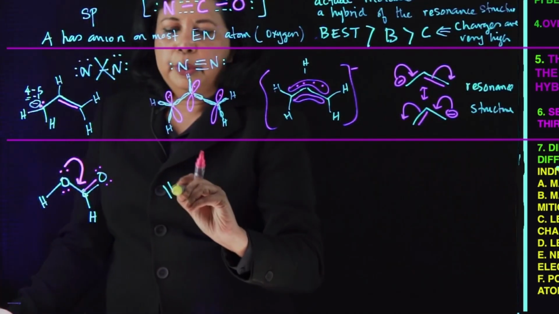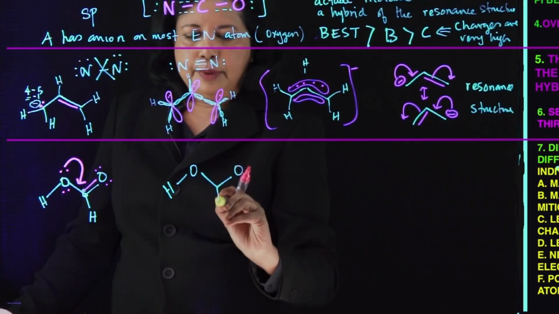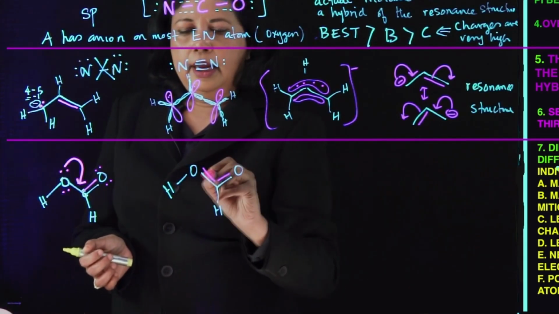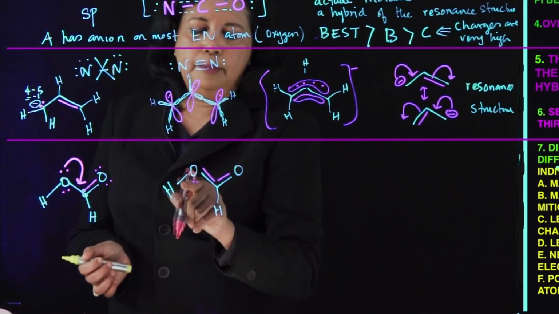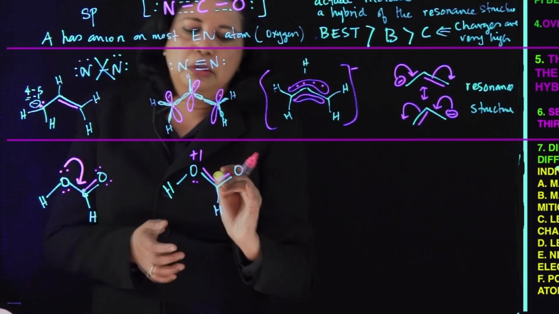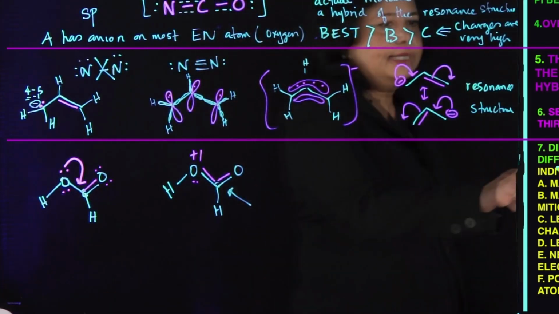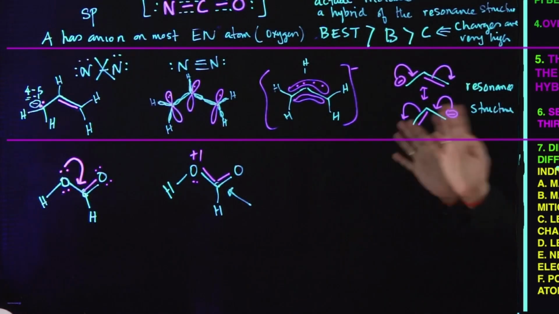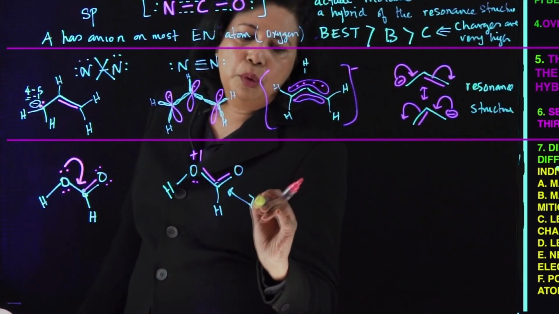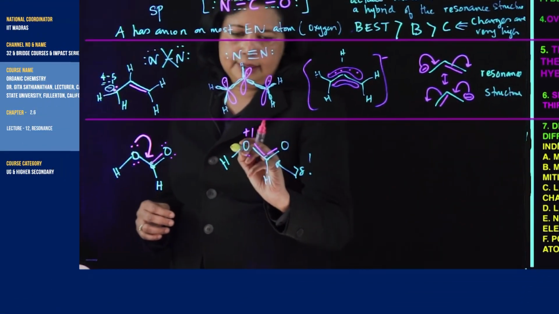And if I don't do anything and just put a bond there, look at what happens. You're going to have a bond here, and you're going to have a +1 formal charge. Is this correct? This is totally wrong because you cannot exceed 8 for second period elements. You just cannot. So this is 10 electrons, more than 8. So therefore, this is incorrect.